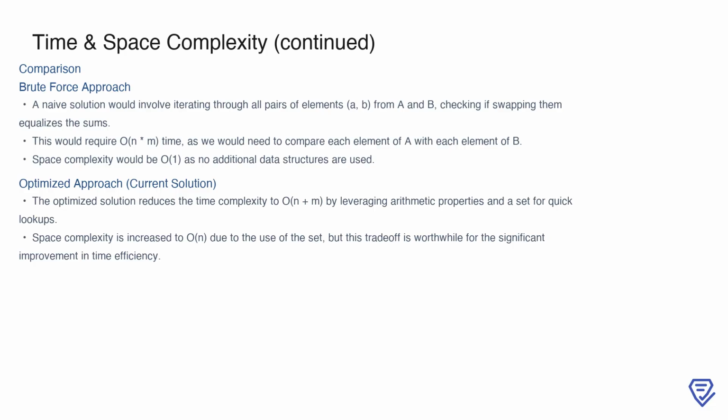However, this approach requires no extra data structures, so its space complexity is O(1). In contrast, the optimized solution drastically improves time efficiency by reducing the time complexity to O(n plus m), thanks to arithmetic properties and the use of a set for quick lookups. While this does increase space complexity to O(n), the trade-off is well worth the significant reduction in execution time.